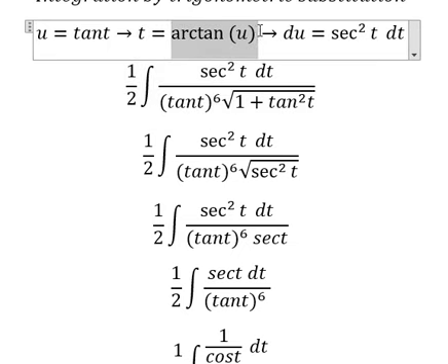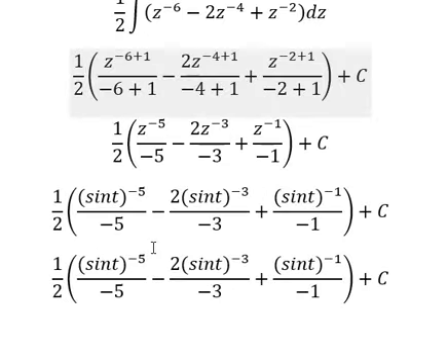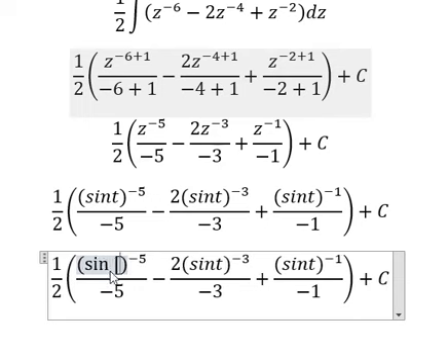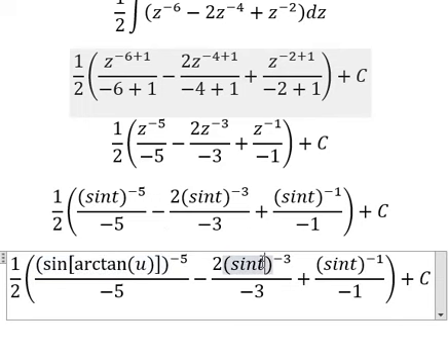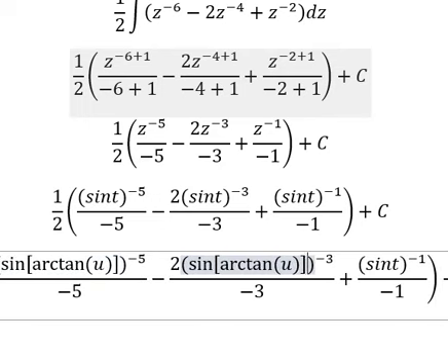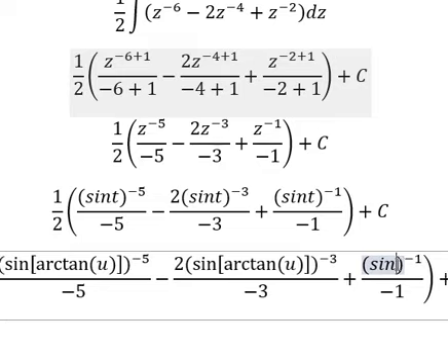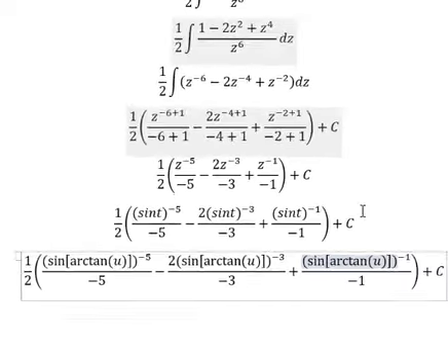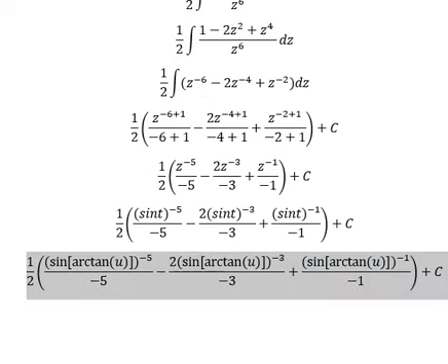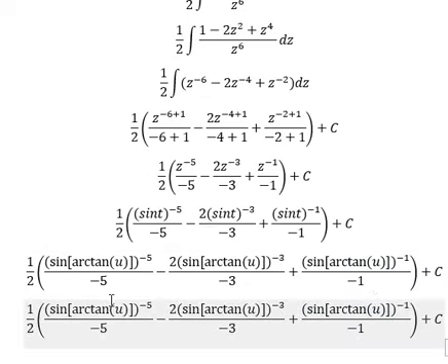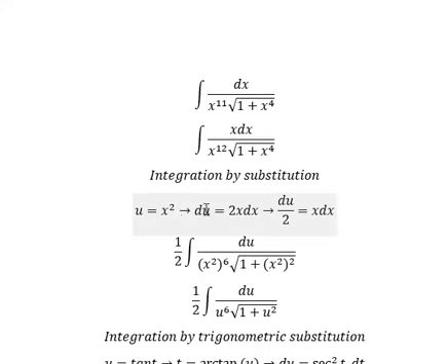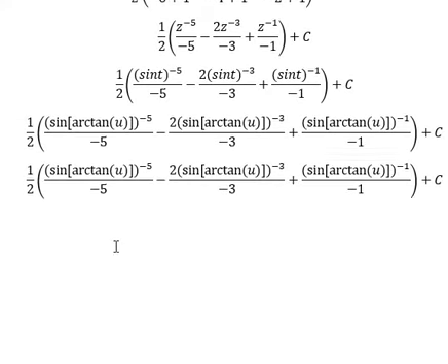So we put this one to replace t. So for u, that's x squared.